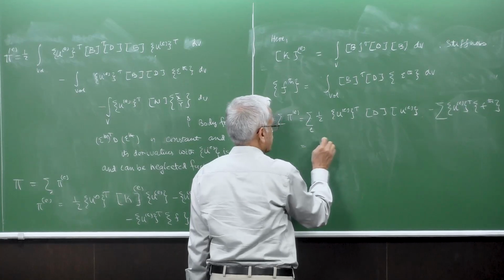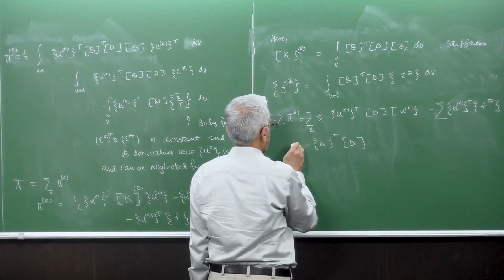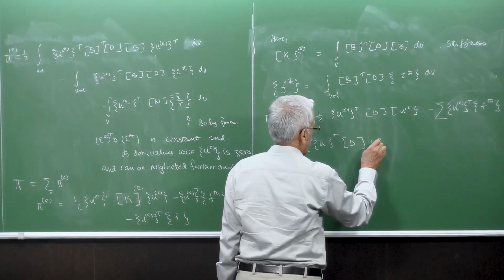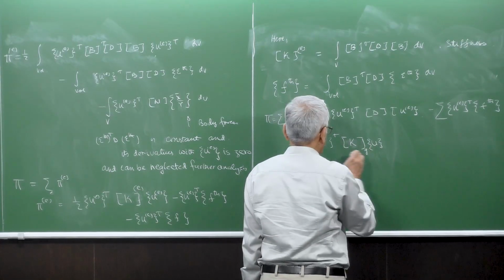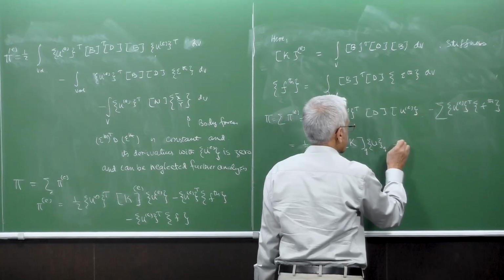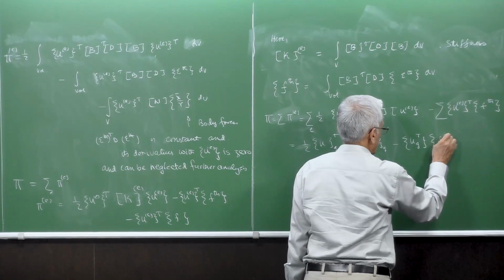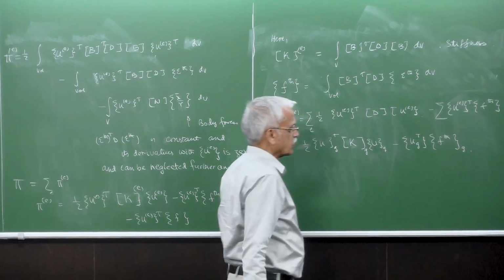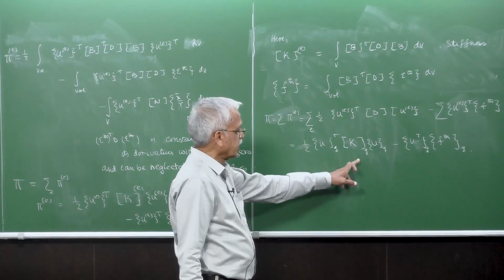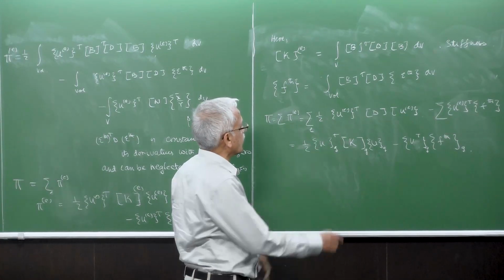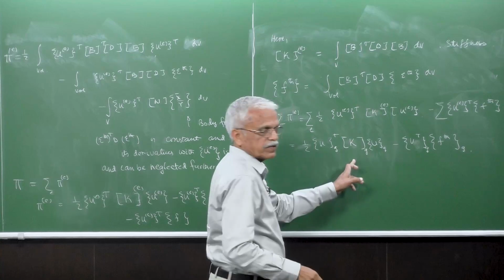So we can say that this is the assembly, and these are all global things, where UG is the global displacement vector and K of the element is assembled into the global matrix.